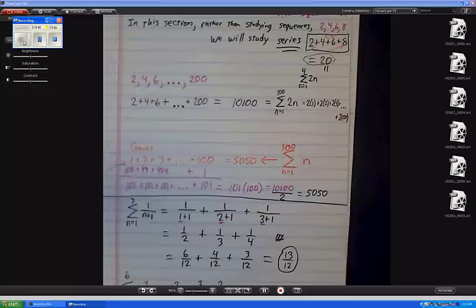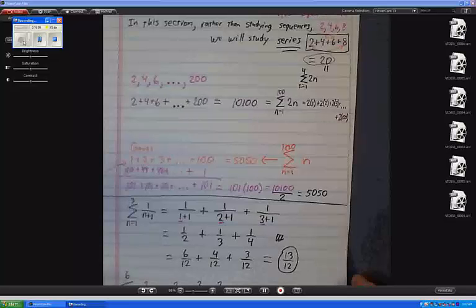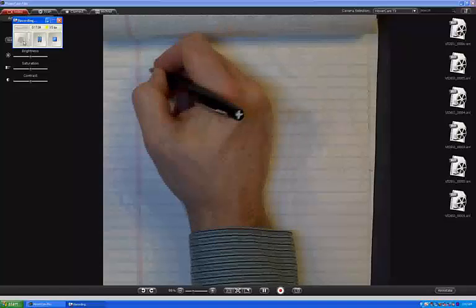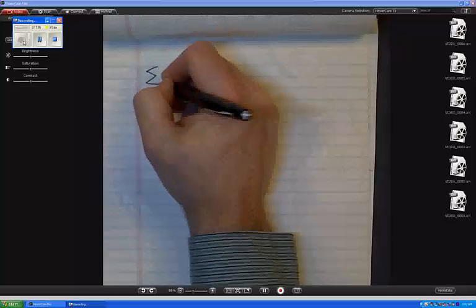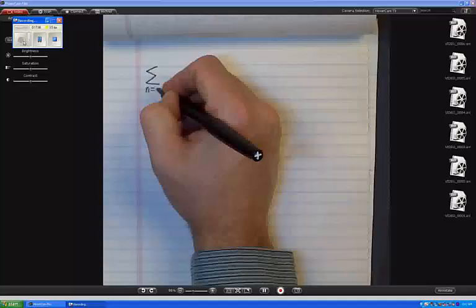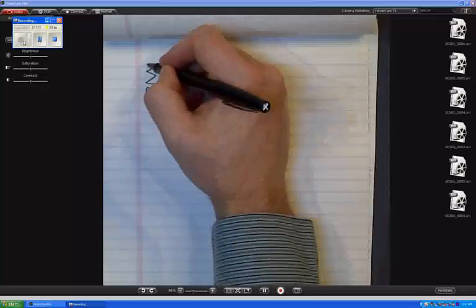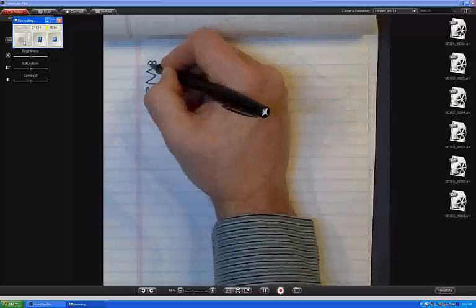But I can't resist showing you guys one more thing. It's one of my favorite pictures in mathematics. Okay? Are you ready? The sum n equals 1 to, what's that mean?